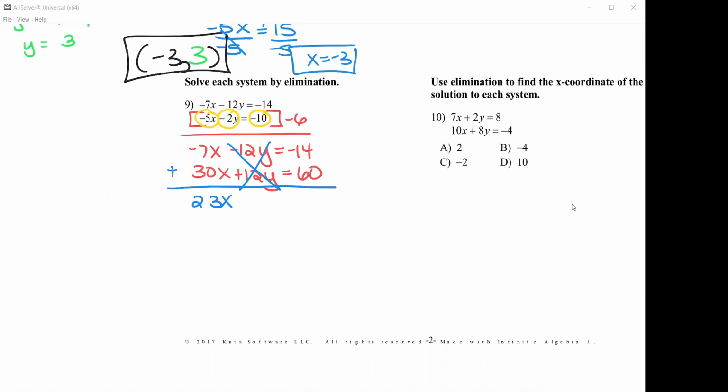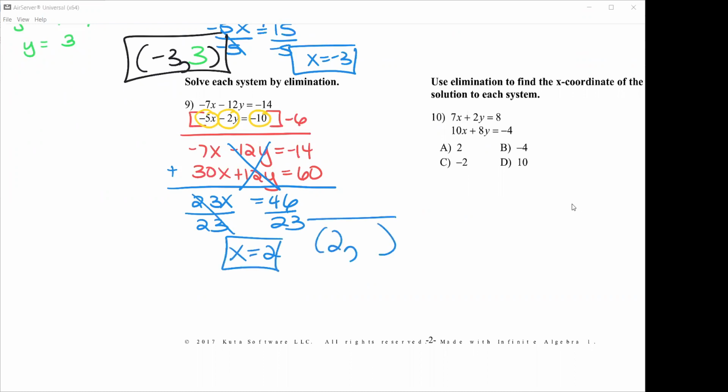Okay, 23x and then -14 plus 60, which is 46. So I'm going to divide both sides by 23. So I'm going to get that x is equal to 2. So if x is equal to 2, you have to plug back in to figure out the y. And you can plug it back into either equation.